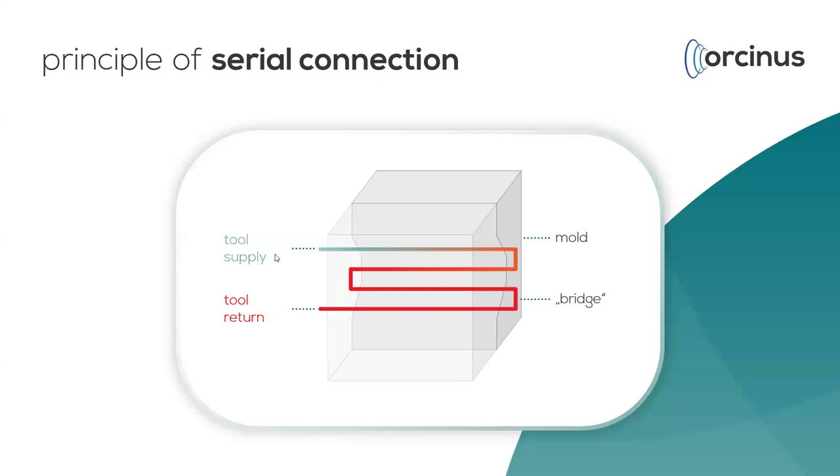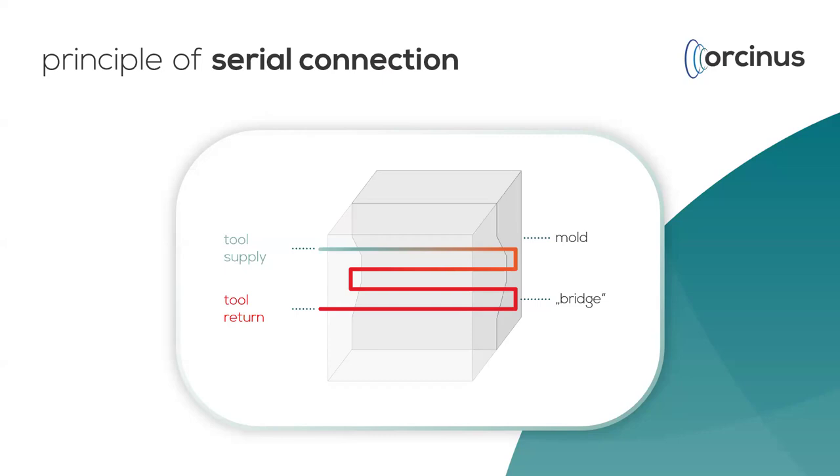And with every single circuit, the temperature is increasing, which makes the delta T from ingoing water to outgoing water high. So about 7, 8, or even 10 degrees difference.